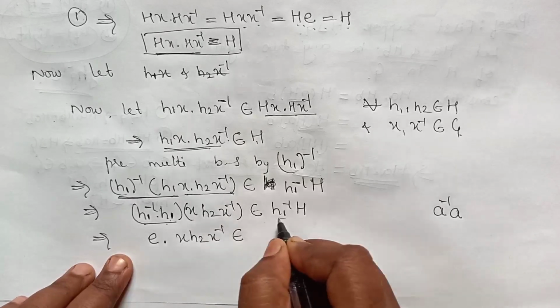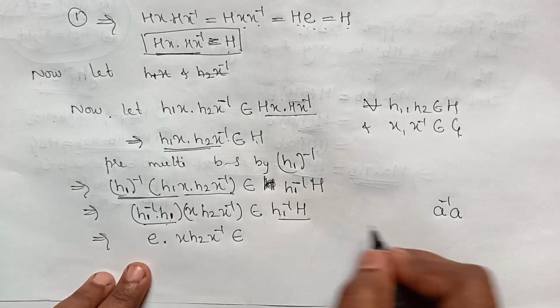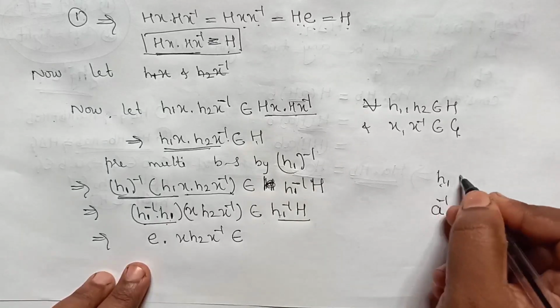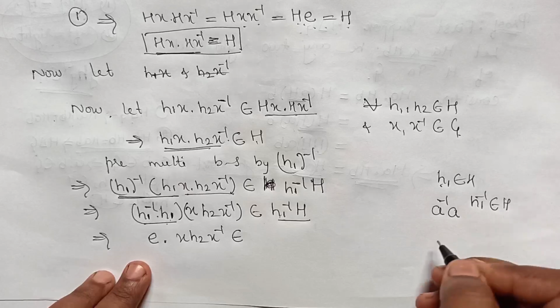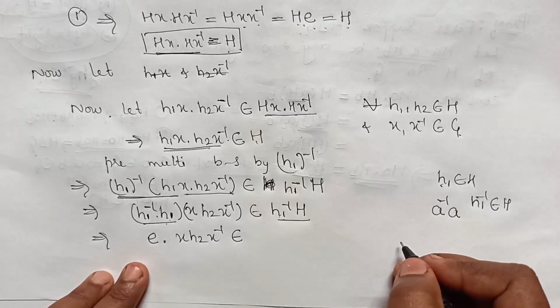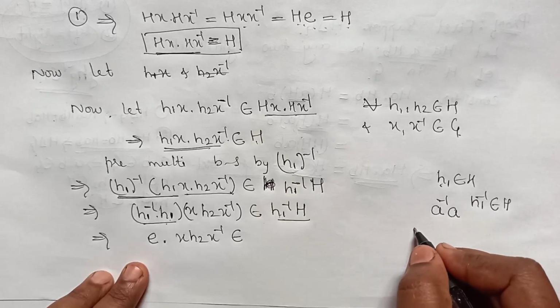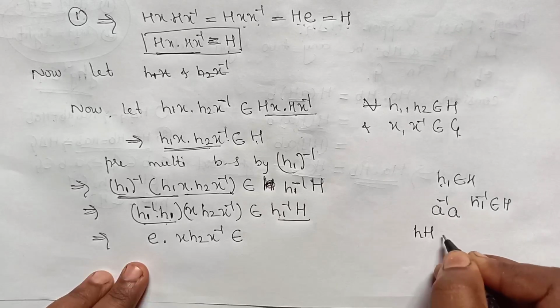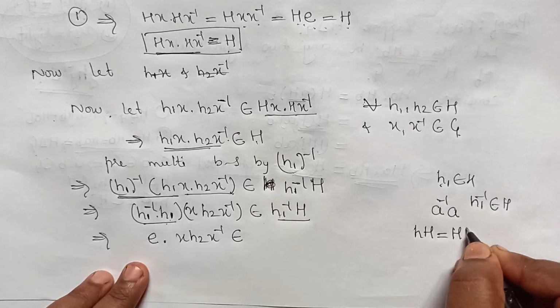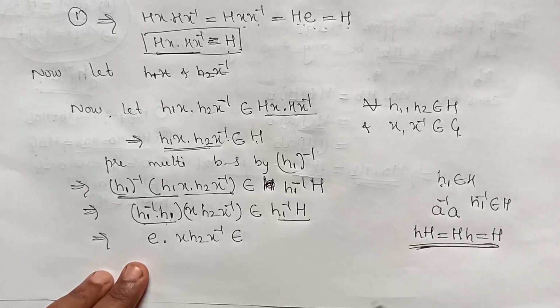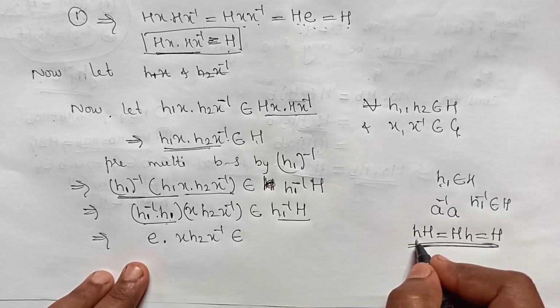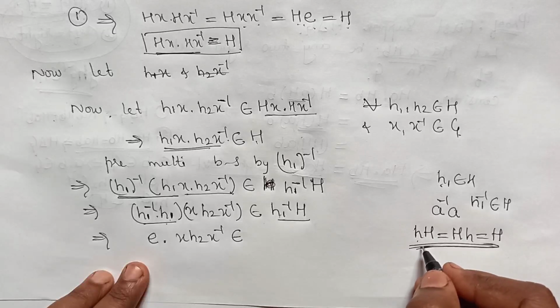This belongs to H1 inverse H, and H1 inverse also belongs to H, because H1 belongs to H, we know that H1 inverse also belongs to H. Now H equals H, I have already told you that is the property of the cosets.